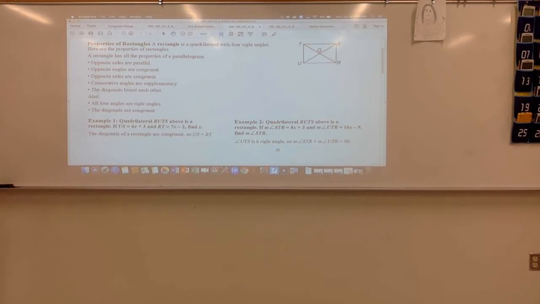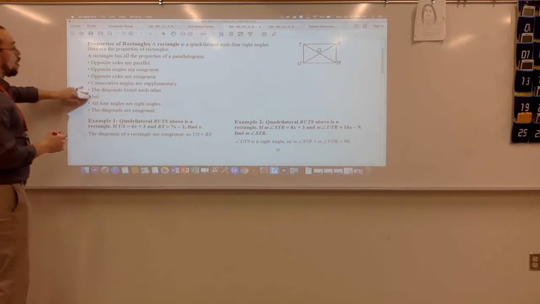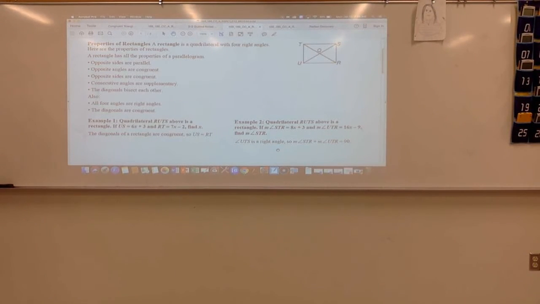The properties of a rectangle include all 5 properties that we talked about for a parallelogram. Opposite sides are parallel, opposite angles are congruent, opposite sides are congruent, consecutive angles are supplementary, and the diagonals bisect each other. Those are all the properties of a parallelogram. And for a rectangle, we have 2 additional properties.